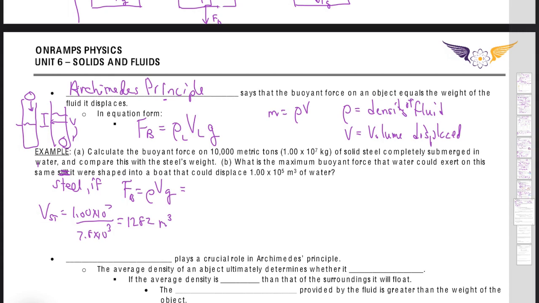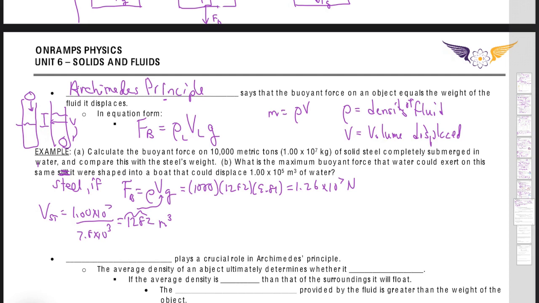What that means is if I have this much steel, it's going to displace that much water. And so I'm going to do 1,000 times 1282 times 9.81, and that's going to give me 1.26 times 10 to the 7th newtons of buoyant force. Now this does say compare it to the steel's weight.